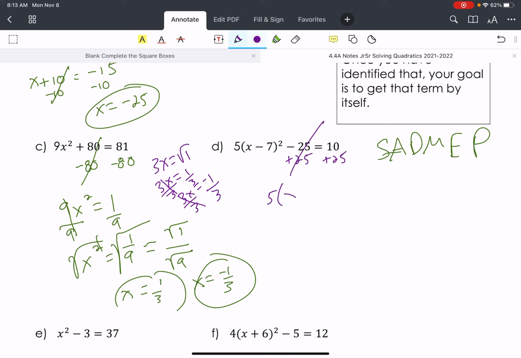So 5x minus 7 squared equals 35. Am I ready to square root? No? What do I do first? Good. So x minus 7 squared equals 7.